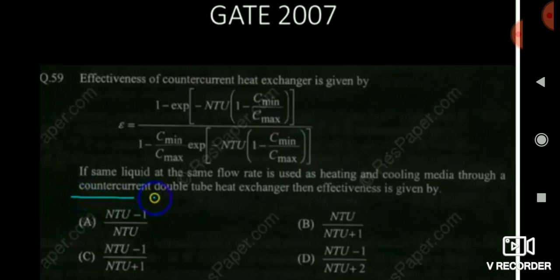Both the hot liquid and cold liquid have the same C values, so it cancels out and it is equal to 1.